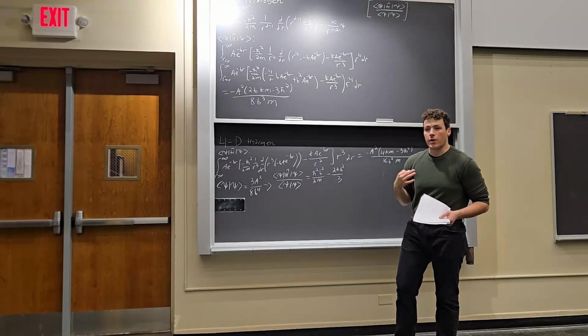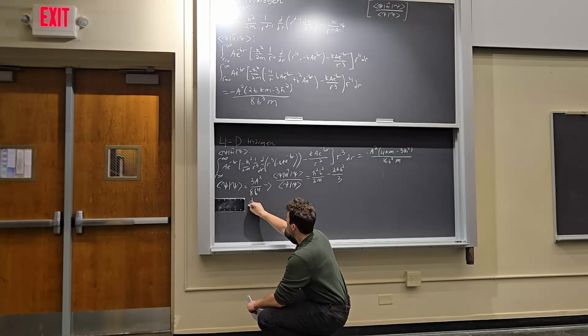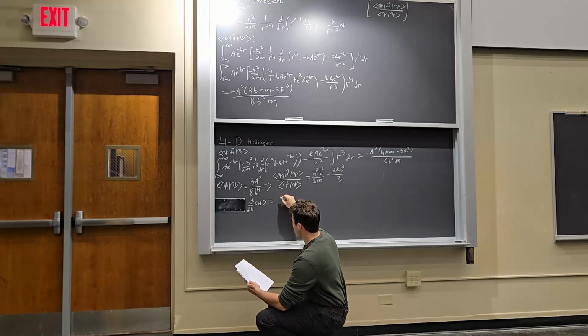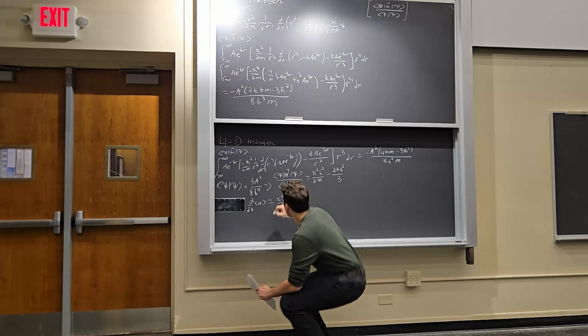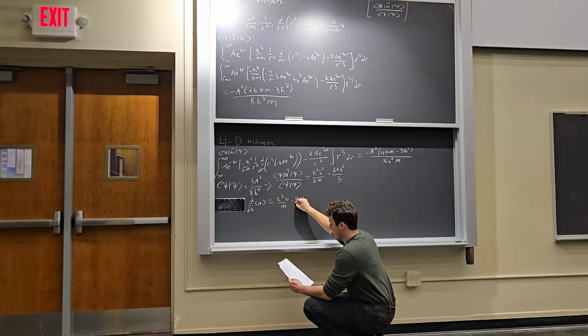And then once again, we're going to vary b. So we're going to be doing this process down here. And then if we vary that, we're going to end up getting h bar squared b over m minus 4kb over 3 equals 0.